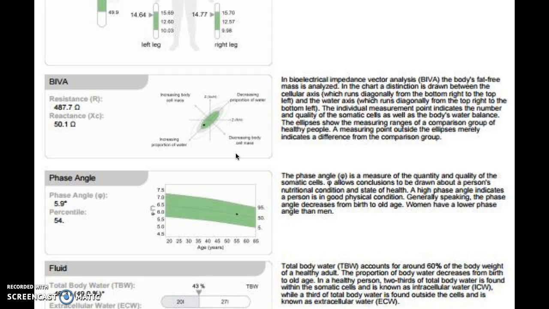So phase angle is basically a snapshot in layman's terms of how healthy your cells are.